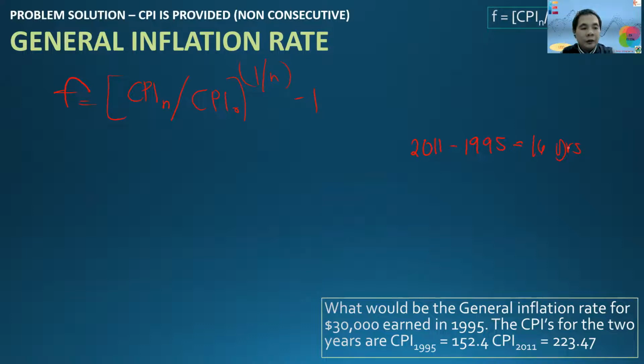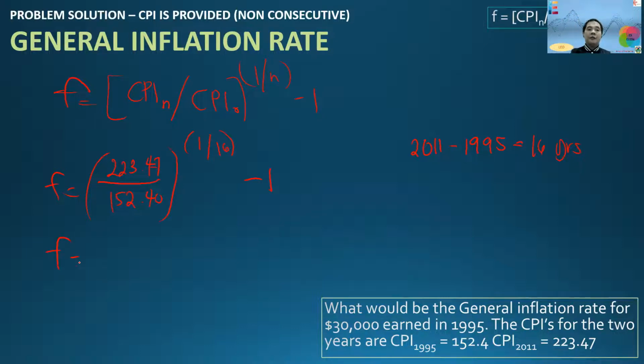Now, we can substitute the given values in the solution, wherein your CPI of n is 223.47 divided by your CPI of 0, or base period, which is 1995, at 152.40, to the exponent of 1 over 16, minus 1.